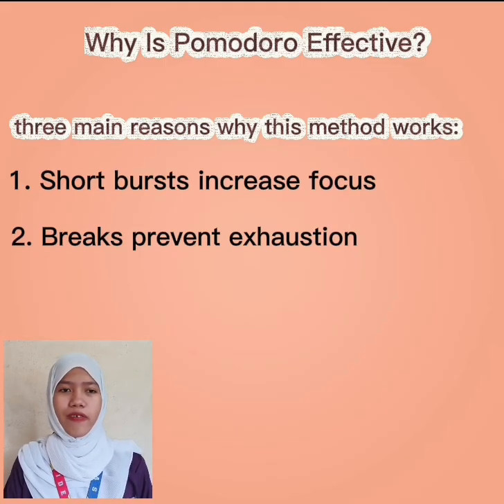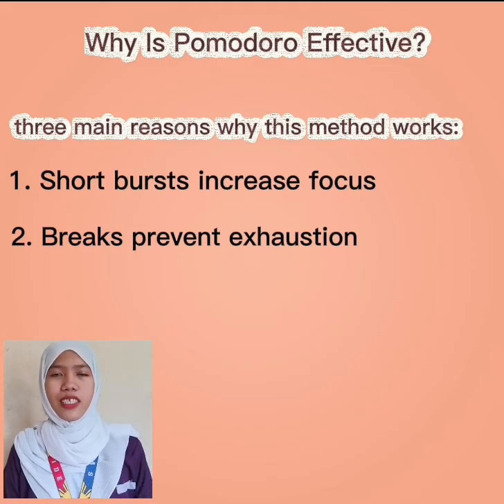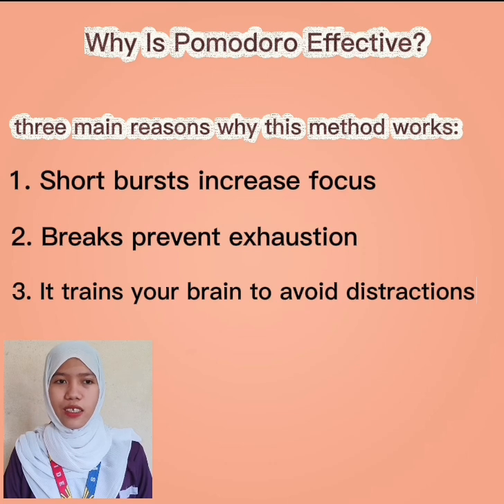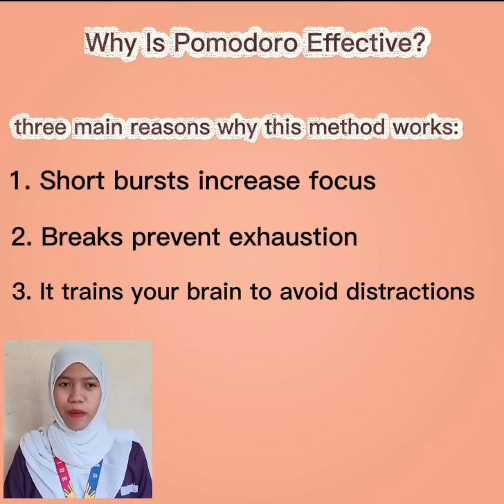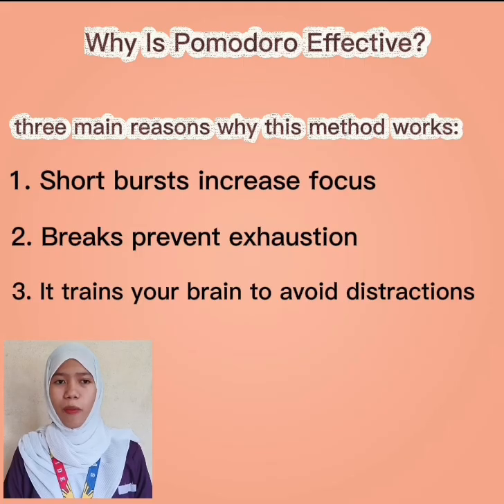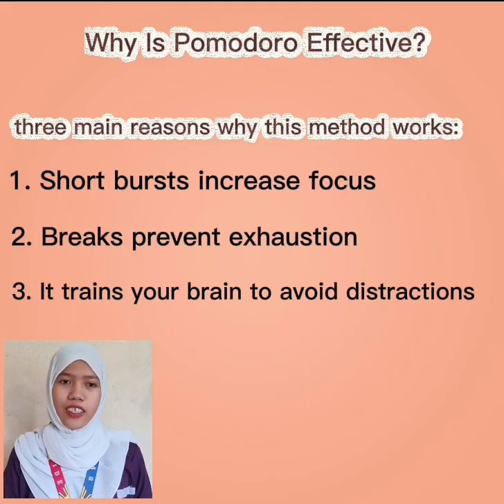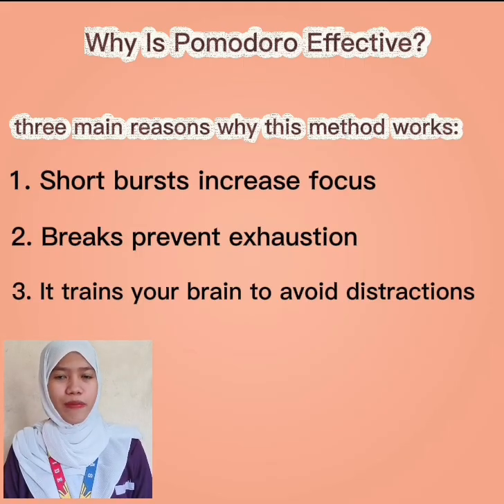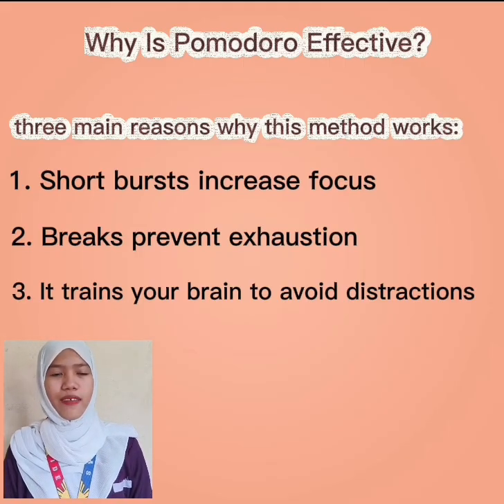This avoids mental fatigue, one of the biggest problems in studying. Number 3, it trains your brain to avoid distraction. You tell yourself, okay, I will focus only for 25 minutes. It feels doable. Little by little, your concentration improves. This is especially helpful for students and researchers who need long periods of focused work.